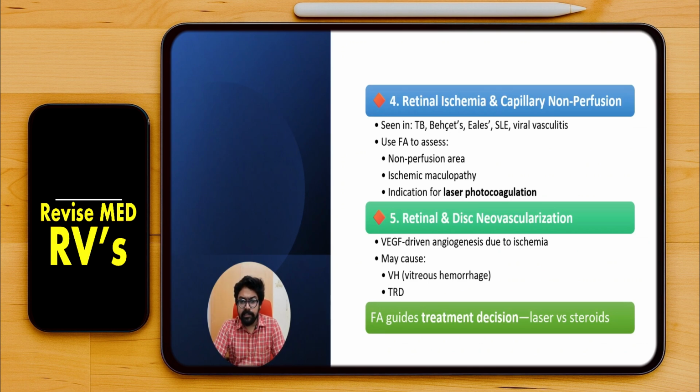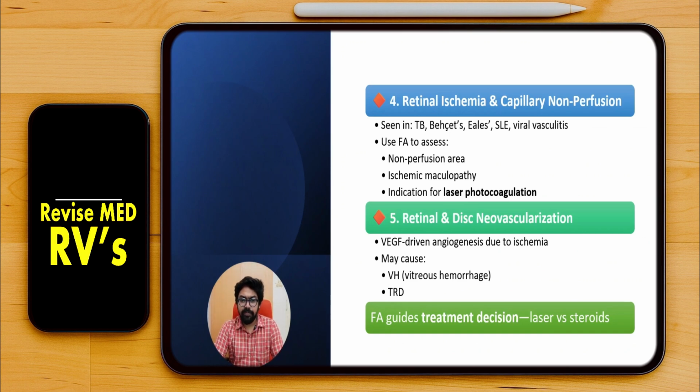Retinal and disc neovascularization can also be seen by using FFA. This neovascularization is through VEGF-mediated angiogenesis, and it can cause complications such as vitreous hemorrhage and tractional retinal detachment. So FFA guides the treatment decision whether we should start laser photocoagulation or steroids alone for this patient.